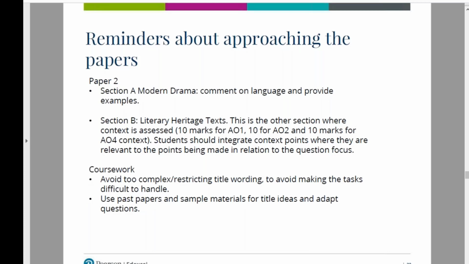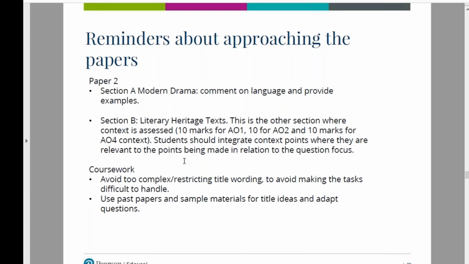So you've got one question on paper 1 where context is assessed, and one place on paper 2. For the literary heritage text, it's 10 marks for AO1, 10 for AO2, and 10 for context. And again, try to integrate the context points with a link to the question focus.